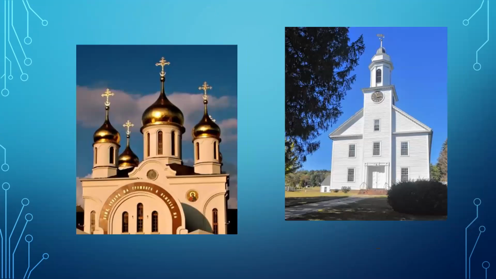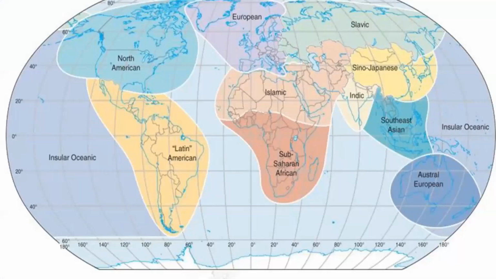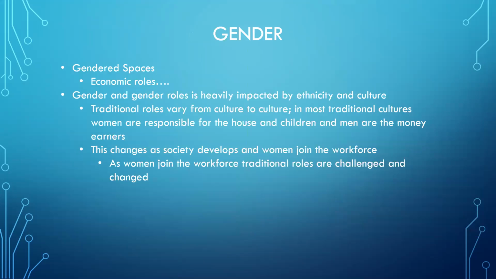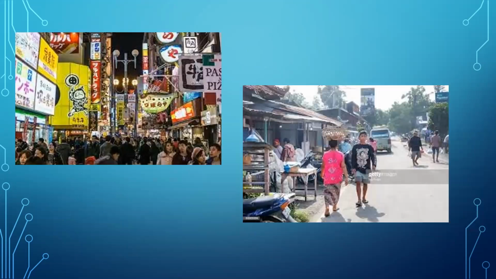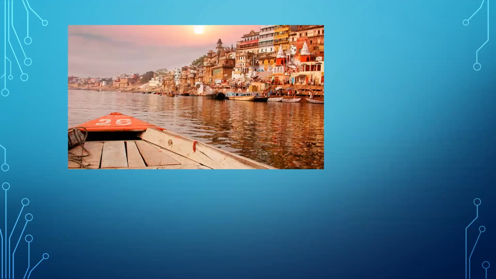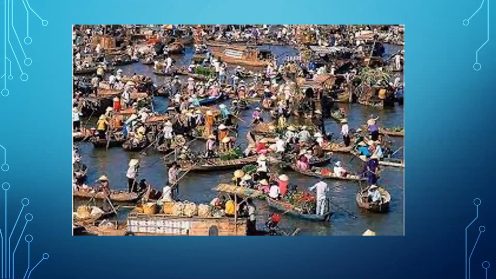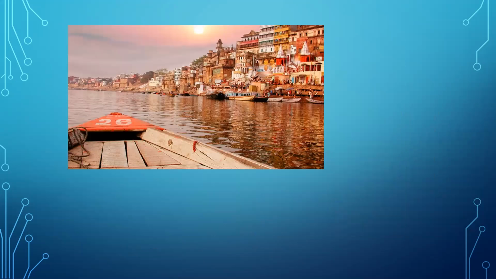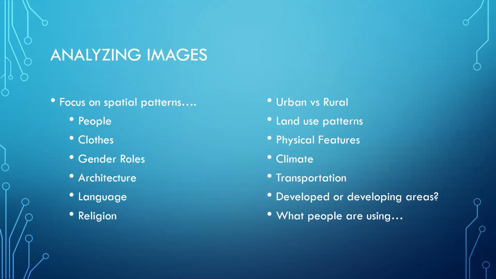Ultimately, what we're trying to do here is to be able to analyze images and tell where this is, what we can tell about society, or what we can gain from the cultural landscape of a place.